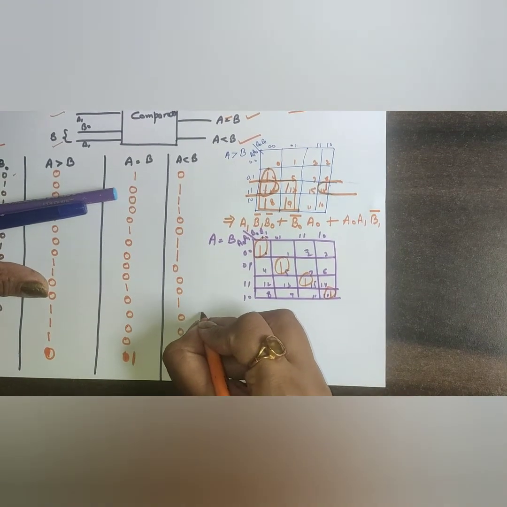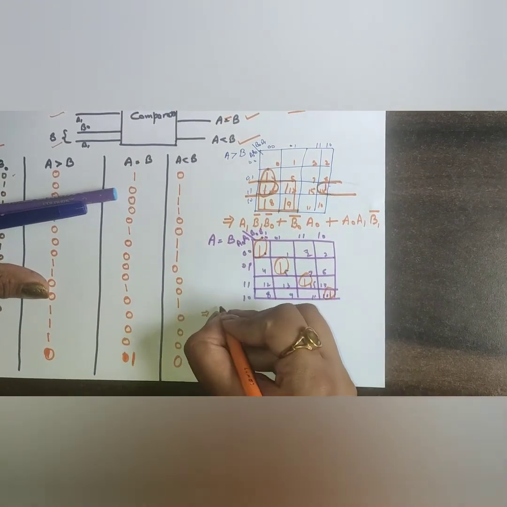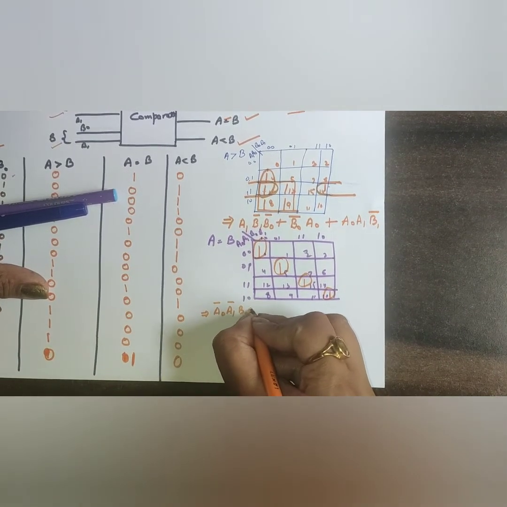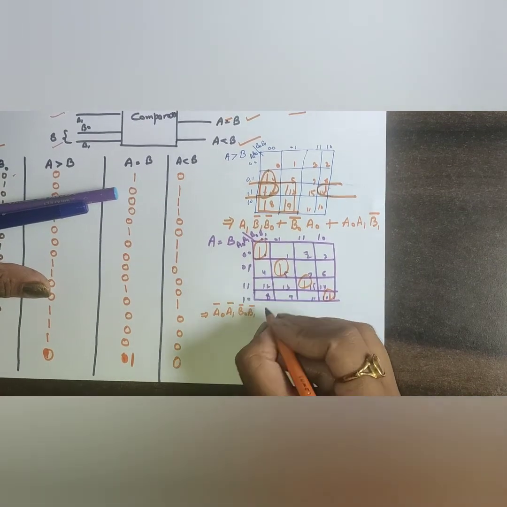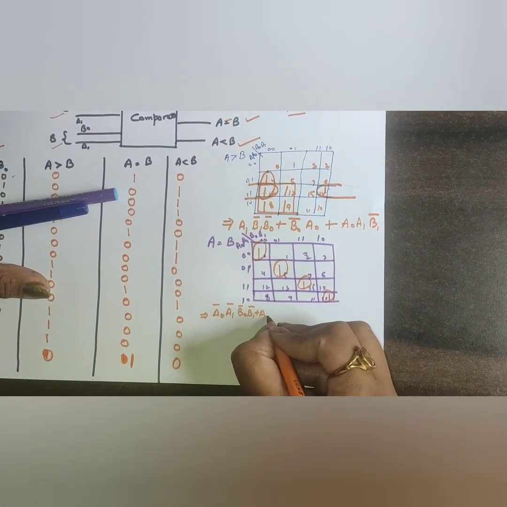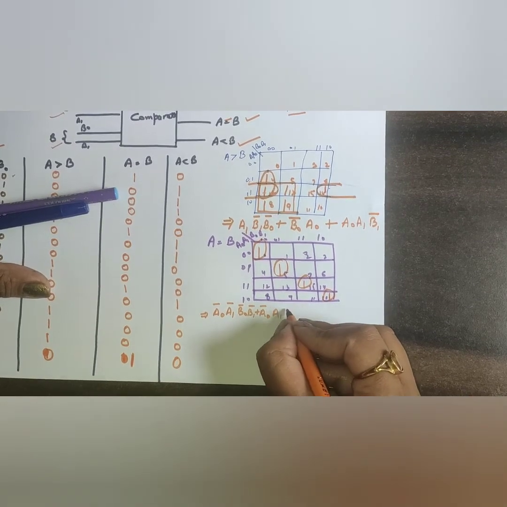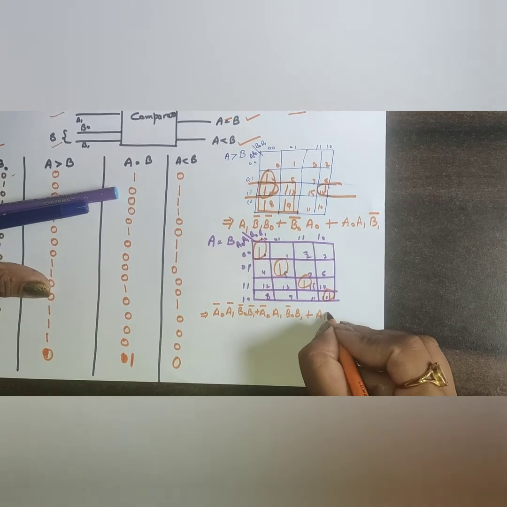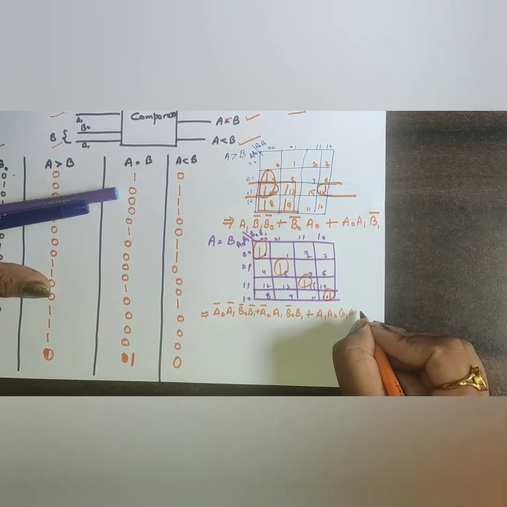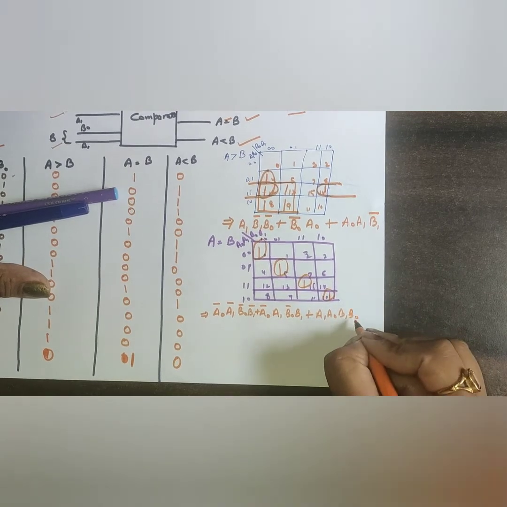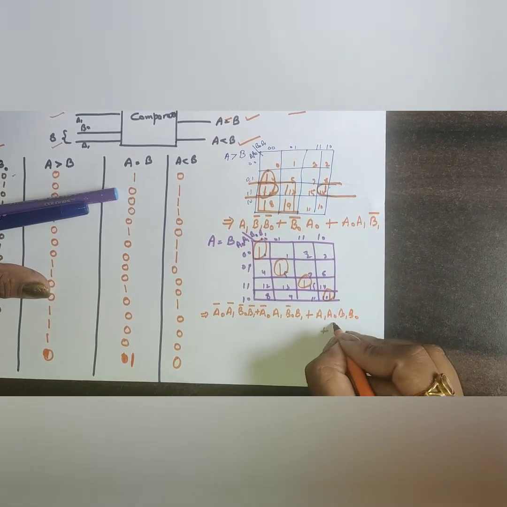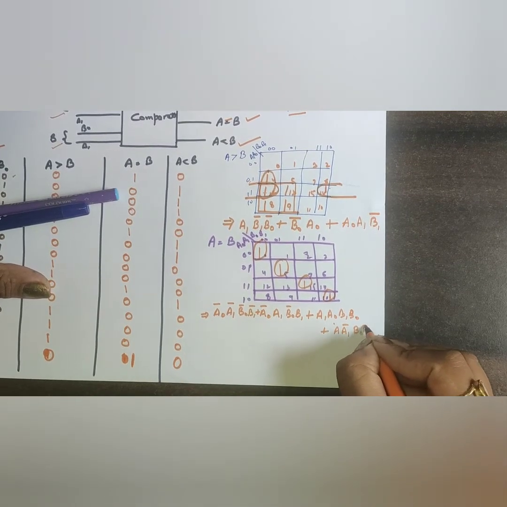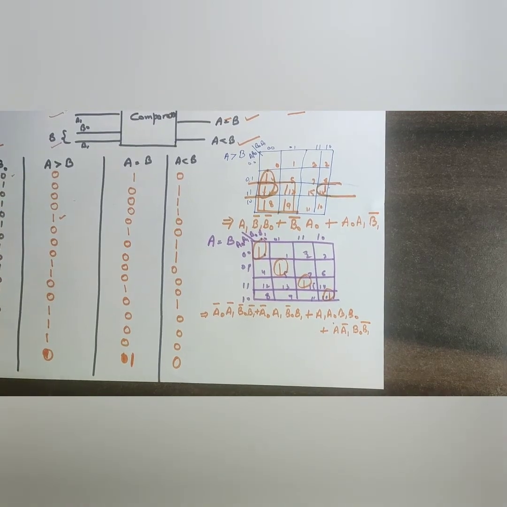So we have the equation like this: A0, A1 bar, B0, B1 bar, plus A0 bar, A1, B0 bar, B1, plus A1, A0, B1, B0, plus A1, A0, A1 bar, B0, B1 bar. This will be our equation.